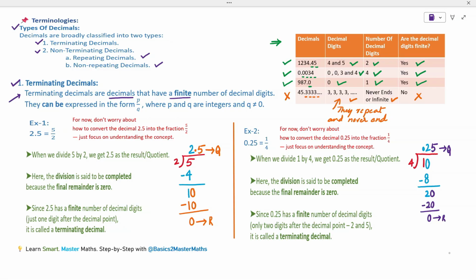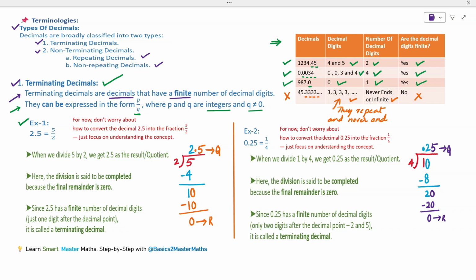Now, let us understand why we call it a terminating decimal with an example. Observe here. All terminating decimals can be expressed in the form P by Q, where P and Q are integers and Q not equal to 0, meaning the denominator should not be equal to 0.